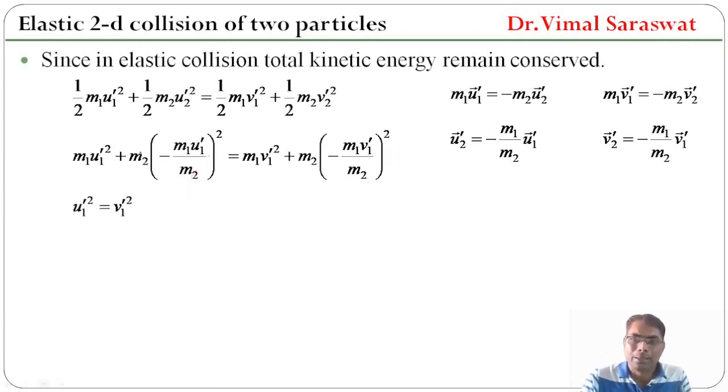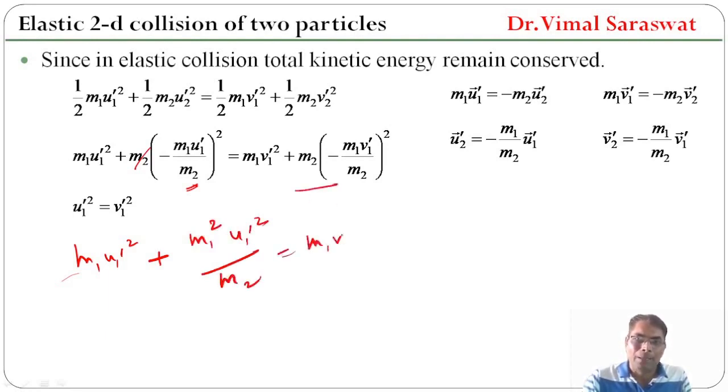Now from here one m2 and m2 will be cancelled out. So here we have m1 u1 dash square plus m1 square u1 dash square divided by m2, and here m1 v1 dash square plus m1 square v1 dash square upon m2.